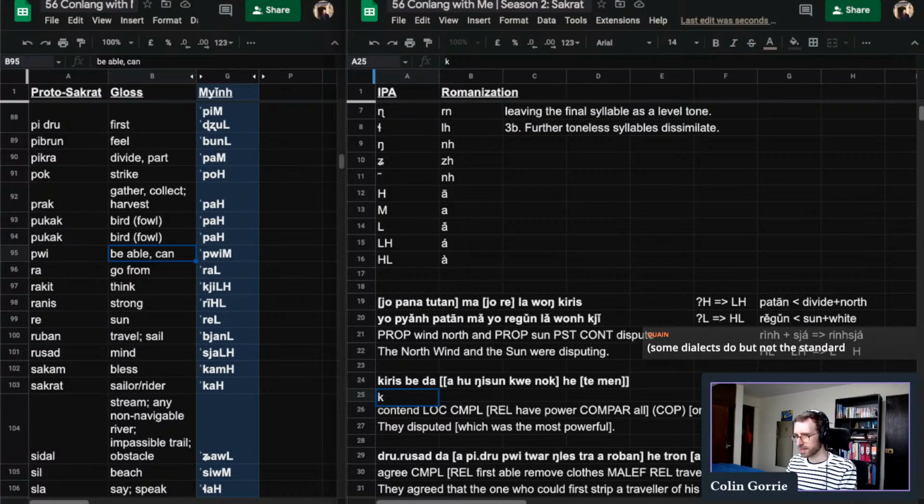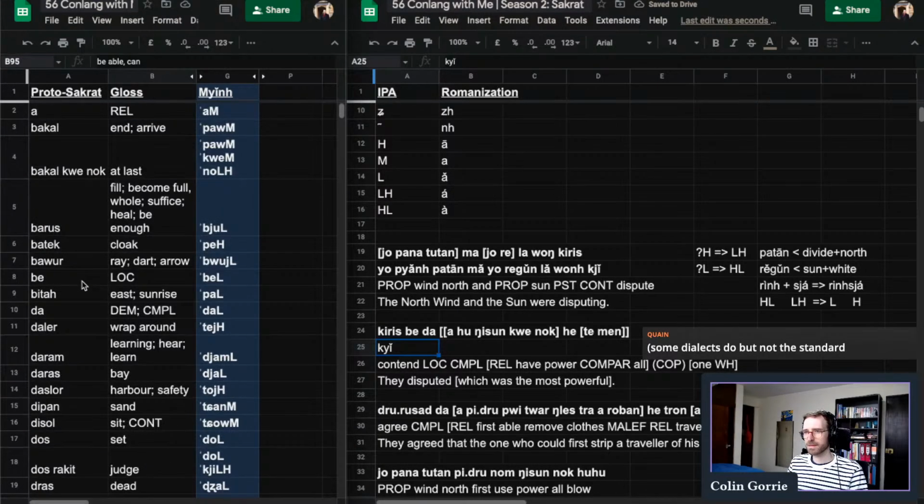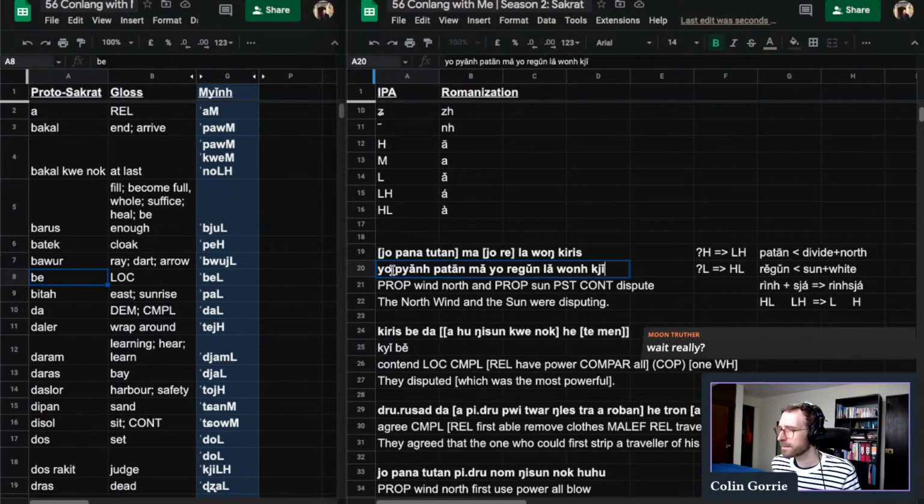All right, so then... Let's see what else we have here. We have this locative, which is be. I also think that we could make these kind of proclitic-y things toneless. And so we would have something like yopian. Yopian, sorry, that's nasalization.